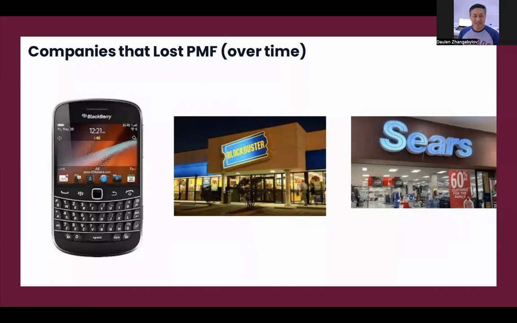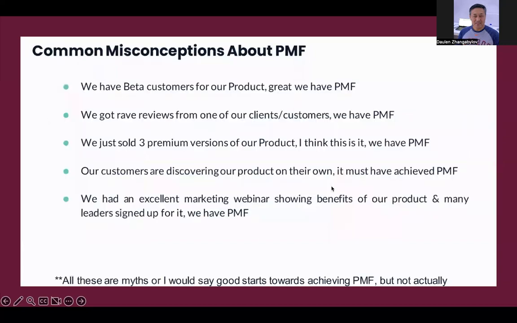Blockbuster, we talked about Blockbuster, was wiped out from the market by Netflix. And another example is Sears. You can check their story on Google. That's a very sad story. What happened with them? They missed their product market fit. Let's move to the next slide.